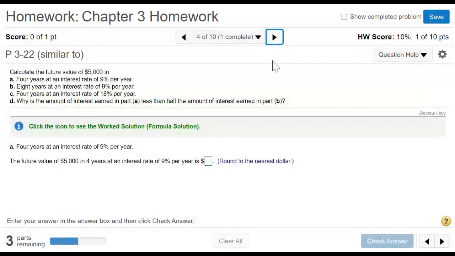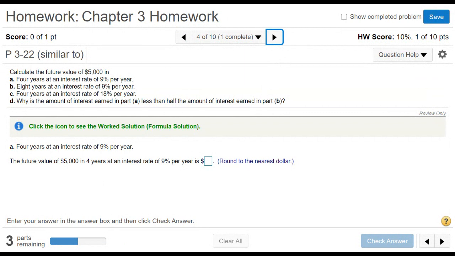Okay, so let's go over here. Now this is asking you to calculate the future value of 5,000. So we know the answer is going to be greater than $5,000. Let's do this together.